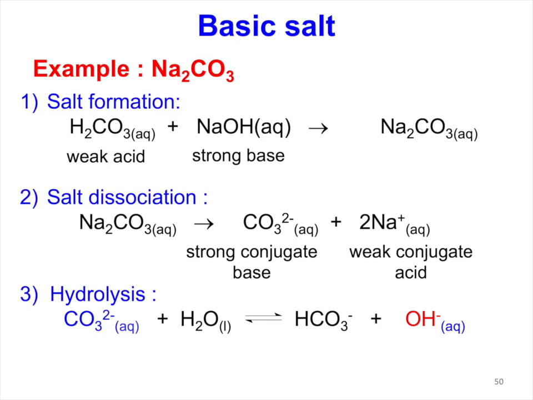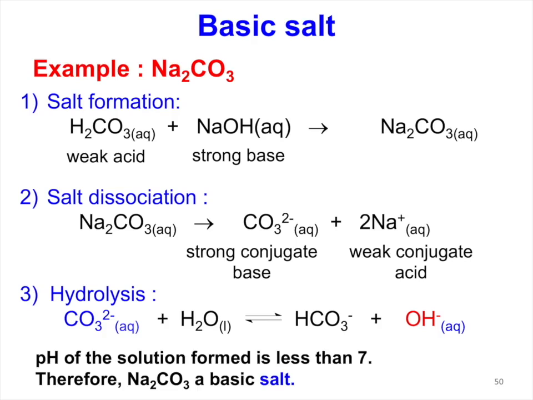The next process is hydrolysis, and this is where we are going to determine the type of salt. So the one that undergoes hydrolysis is the strong conjugate base. So CO3 2- + H2O gives HCO3- + OH-.